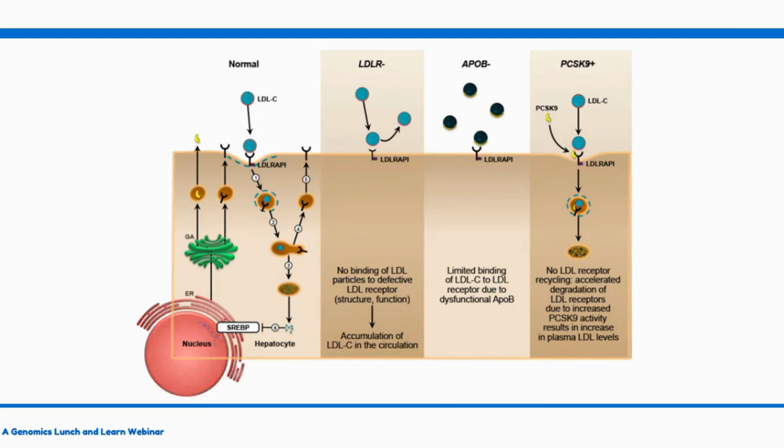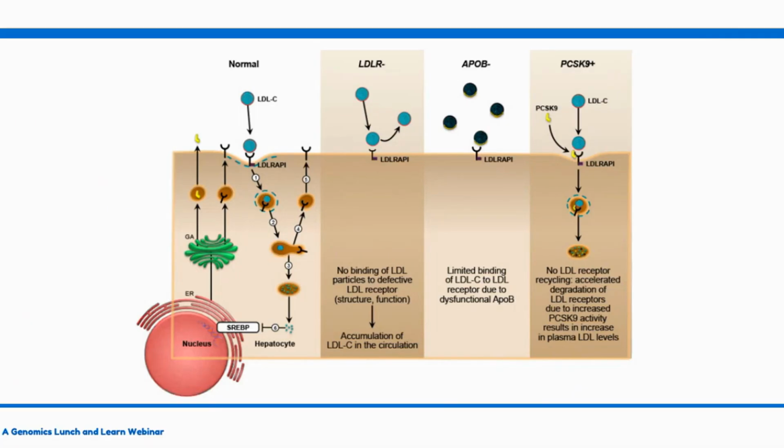So normally, the LDL receptor attaches to LDL cholesterol and transports it into the cell. LDL cholesterol is then broken down and either used by the cell, stored or removed from the body.